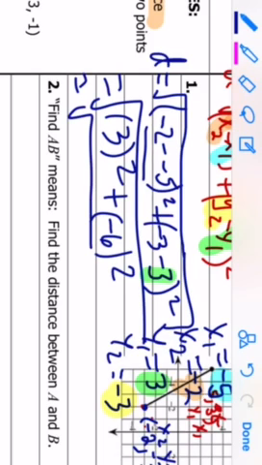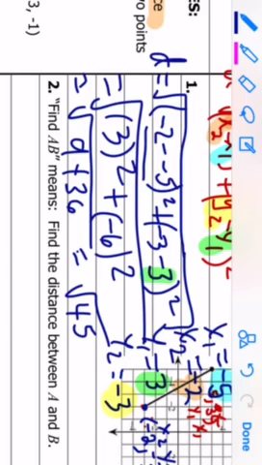So this is square root of 9 plus 36, which is the square root of 45. That is not a very nice square root, it doesn't give you a whole number, so we can just leave it the square root of 45 for now. That would be the distance between those 2 points, the length of this pink line right there.